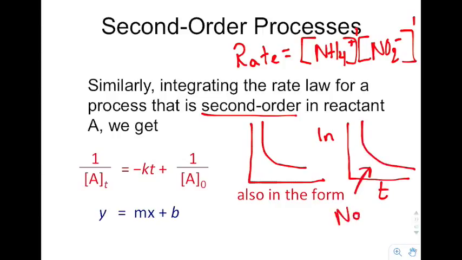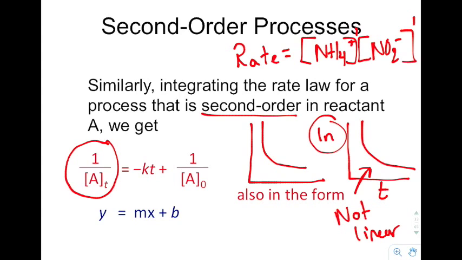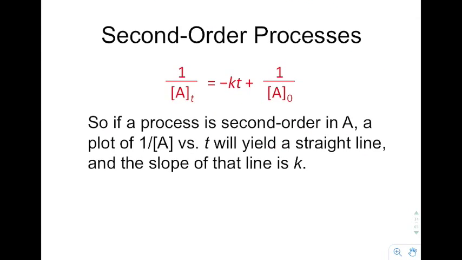So it's not linear, which means we can say it's not a first order reaction. So now we proceed and say, okay, well maybe it's a second order reaction. The second order reaction, instead of having the natural logarithm, has 1 over [A] equals kt plus 1 over [A]0. Notice how that's still the same term. Whenever we do that, we get a second order process.